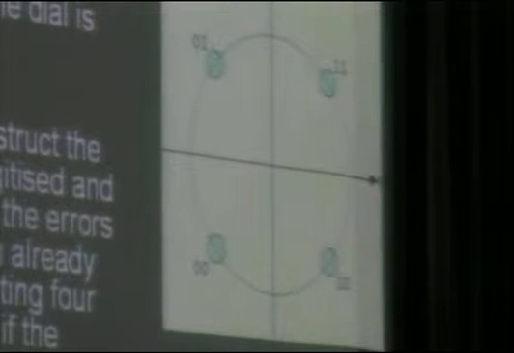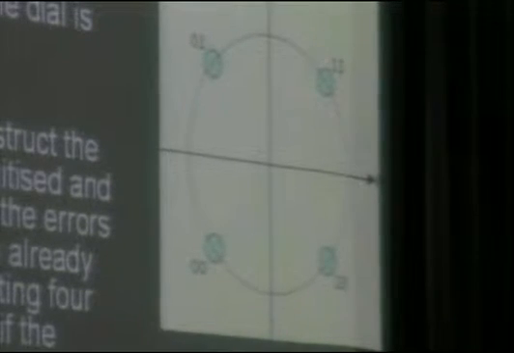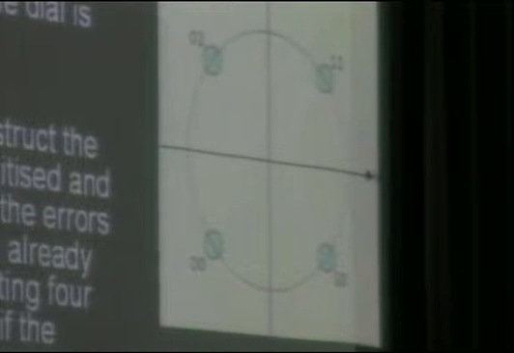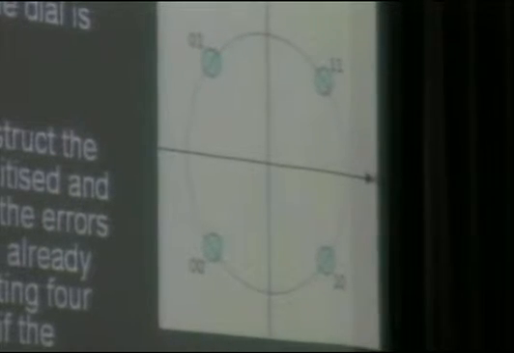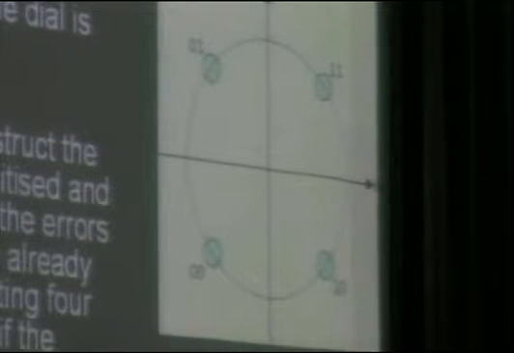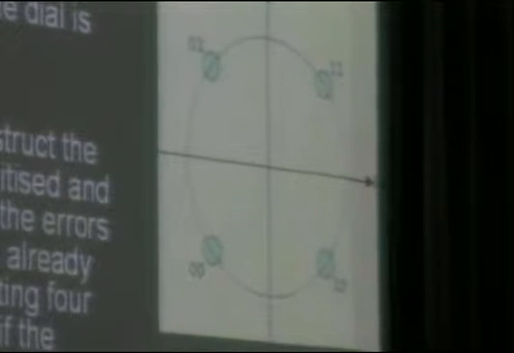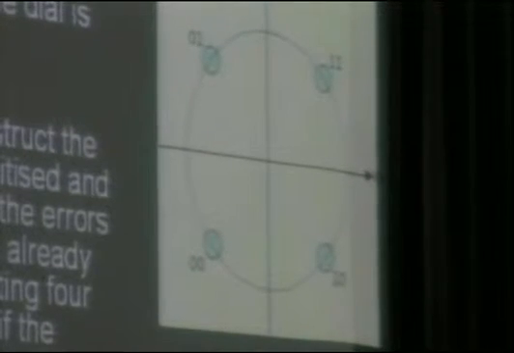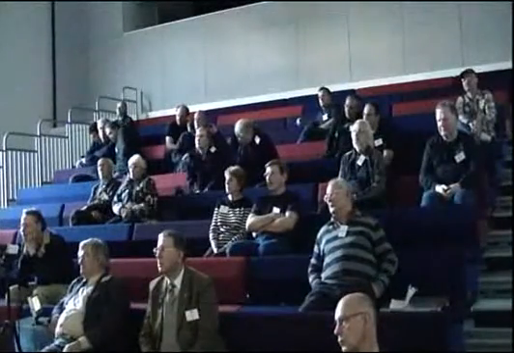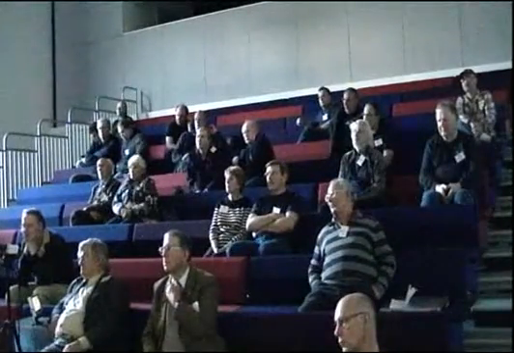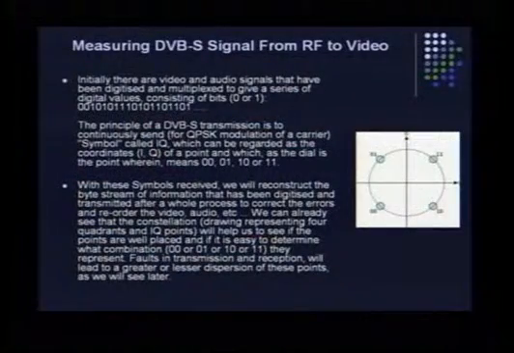And for that, we will see a tool to look permanently at the constellation, a tool that can show us these points. During your reception, you are receiving something and you can see in real time the constellation. And if you have this tool, when you turn your antenna, when you give more power, you will see the effect in real time.